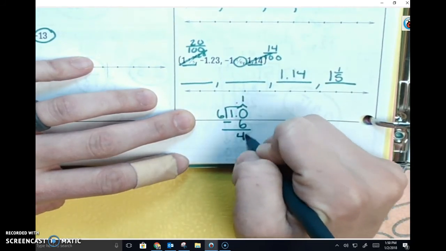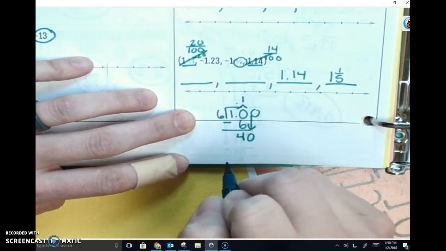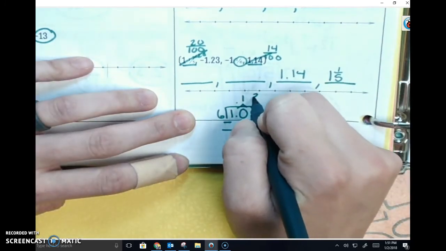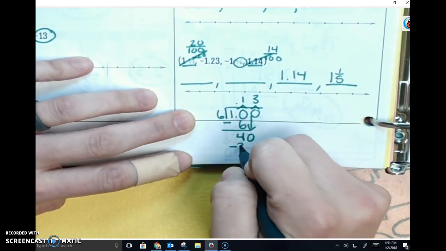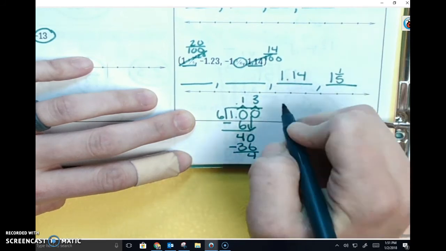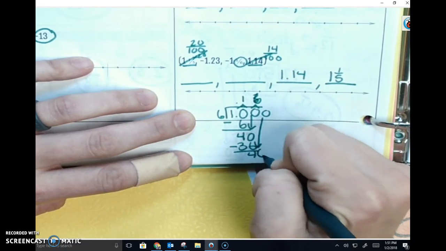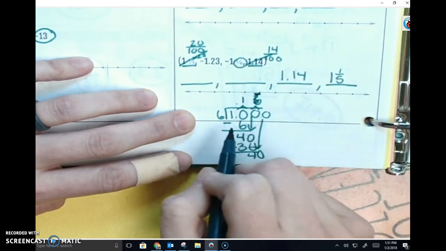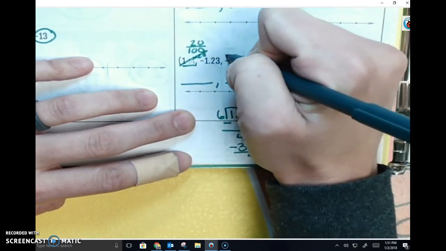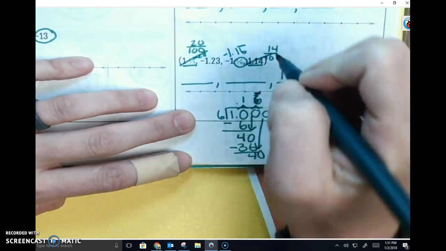And then 6 goes into 40 six times. 6 times 6 is 36. Add a 0, bring it down, and that's going to be repeating. So this is negative 1.16 repeating.